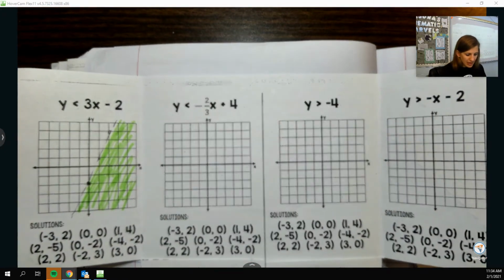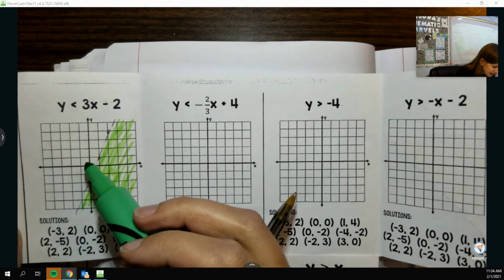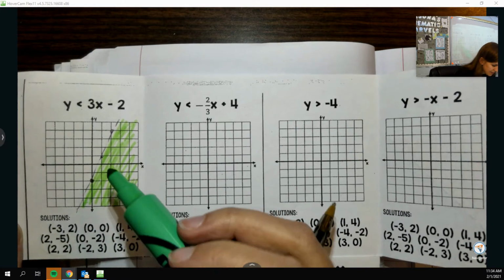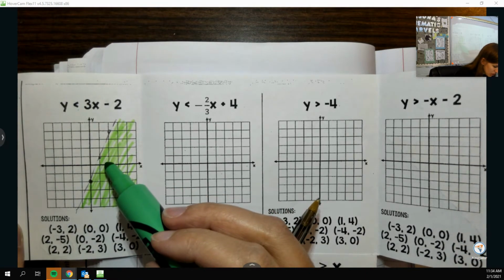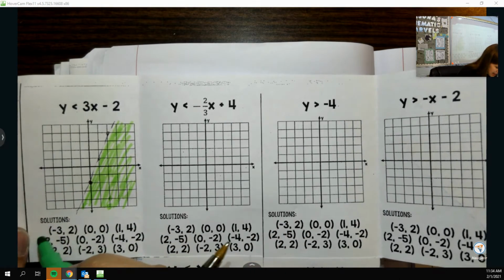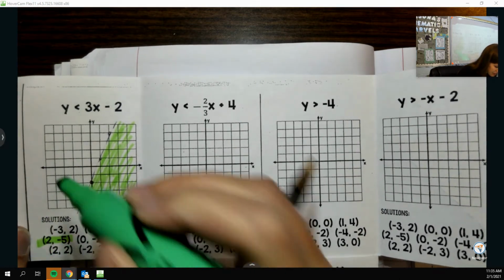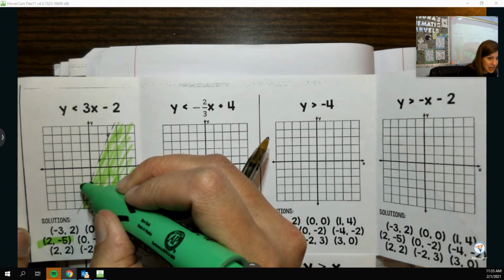Then when I think about the points that are solutions, negative 3 comma 2 isn't, 0, 0 isn't, 1 comma 4 is not, 2 comma negative 5, hey, that one fits in right down there, so that one is. 0 comma negative 2 is not because it's on the dashed portion.